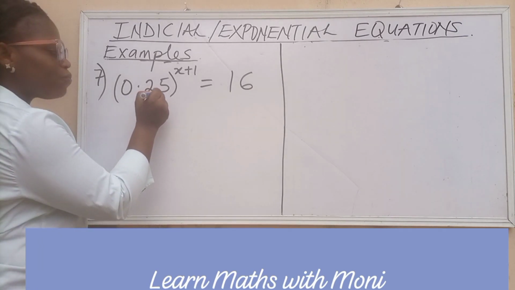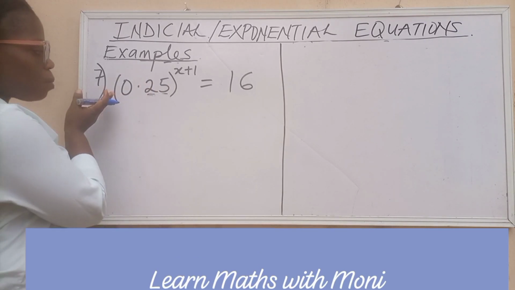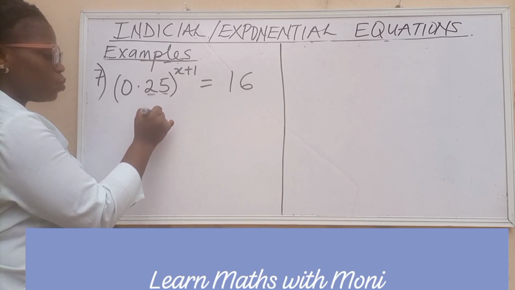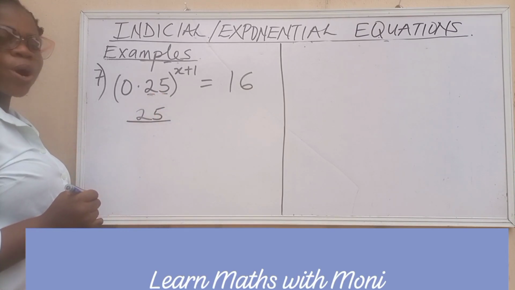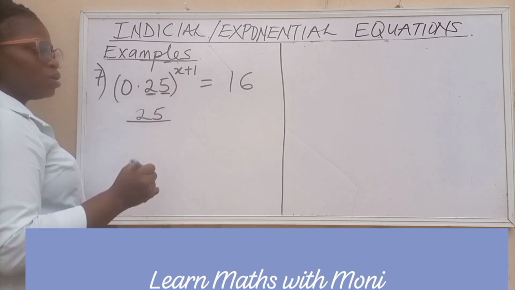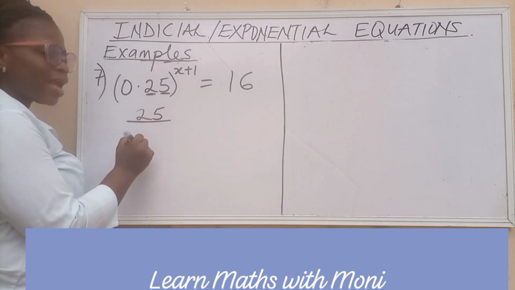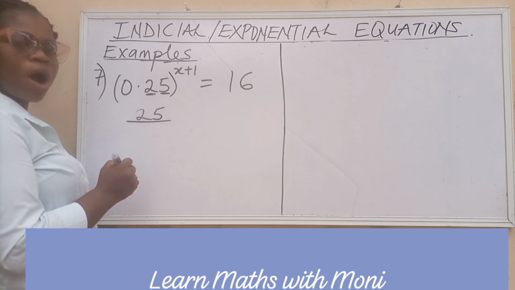We write from the first digit that is not 0 from our left. From my left, the first digit that is not 0 is 2. So I write 25 divided by, I will count the number of decimal places. 1, 2. I have 2 decimal places. That is divided by 10 raised to power 2. 10 raised to power 2 is 100.